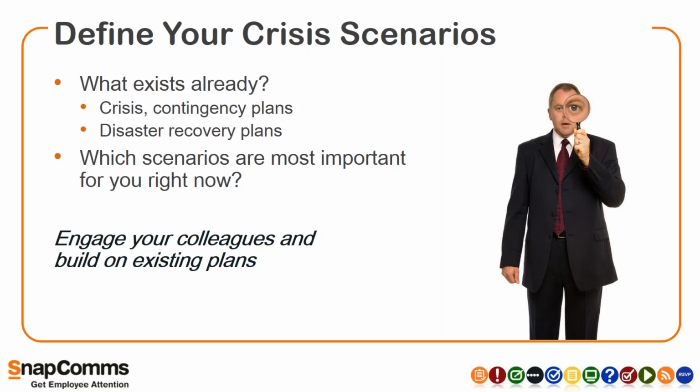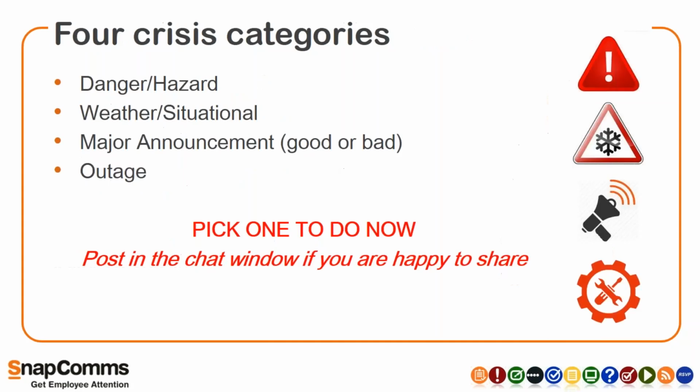You may be on that team, you may be part of that conversation, but if not, you probably want to find out what exists and tie SnapComms alerts into that rather than set something up separately. So we do encourage you to talk to colleagues when you're looking at SnapComms alerts for crises, and tie into what they're already doing.